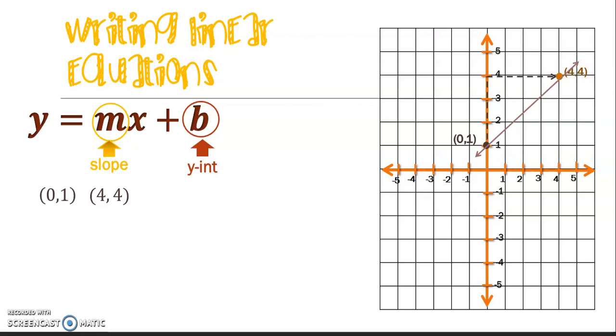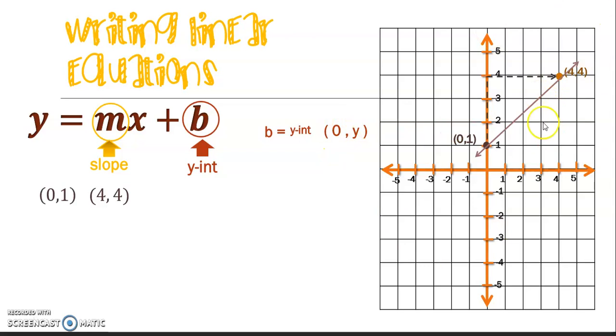linear equation. But I need to identify which one is my y-intercept, and which one is my slope. As I told you before, you always need to start by identifying your y-intercept. My y-intercept is b, and the y-intercept always has 0 in x.